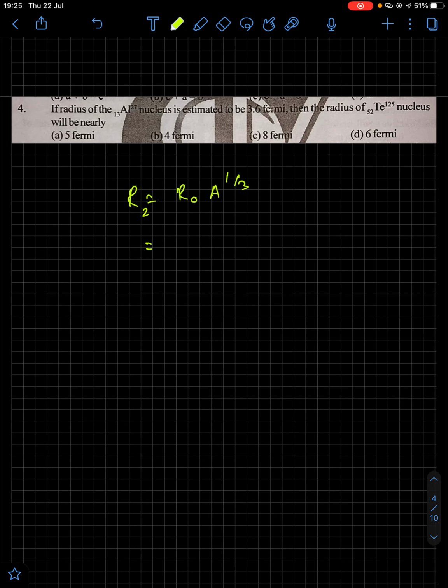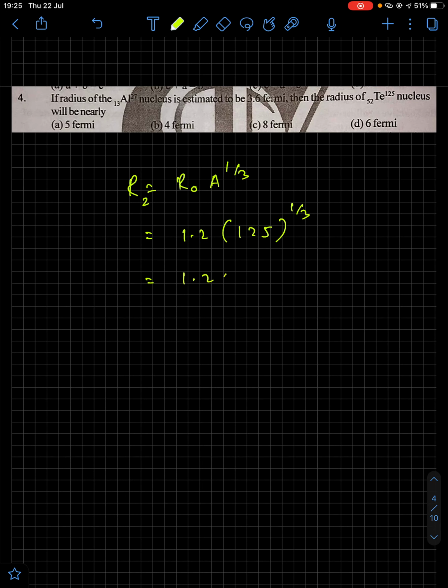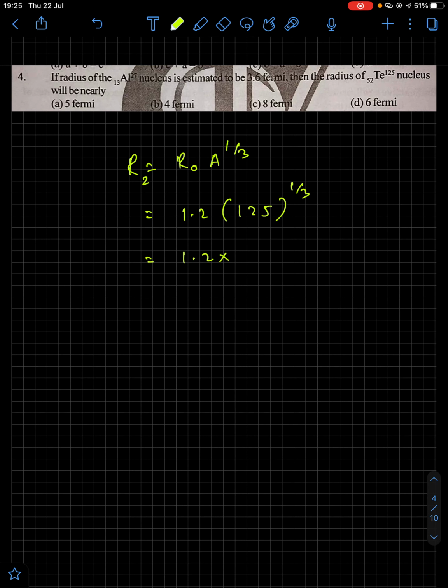Let's write R2, and we know the value of R naught is 1.2 Fermi, and 125 is the mass number for tellurium, to the power 1 by 3. So this gives you 1.2 into 125, which is 5 cube, to the power 1 by 3, so 1.2 into 5. So there it is, 6 Fermi.